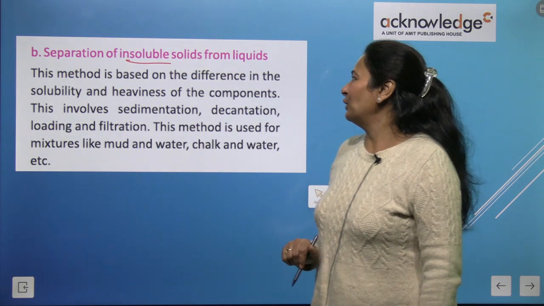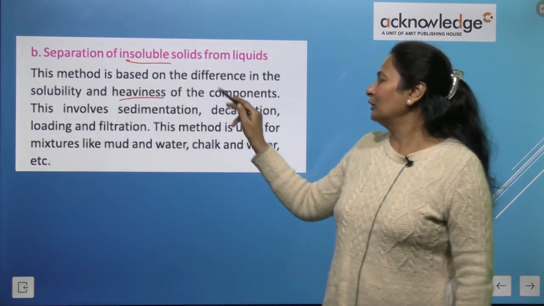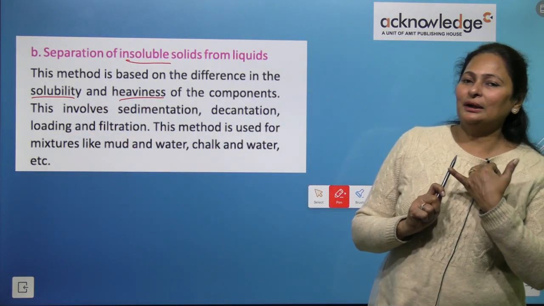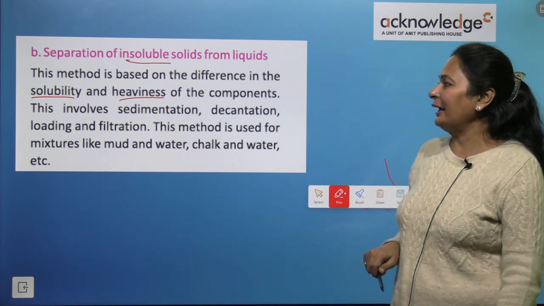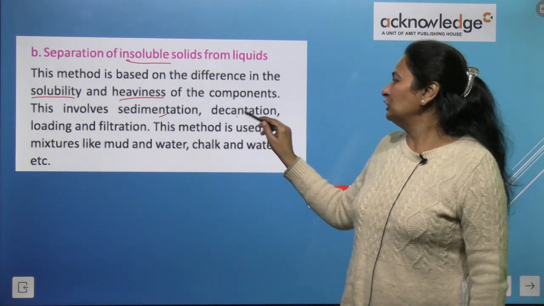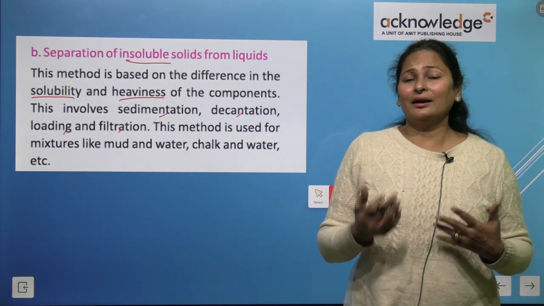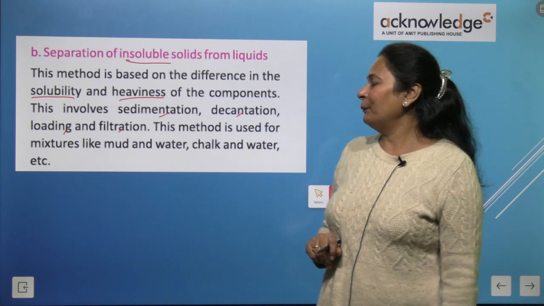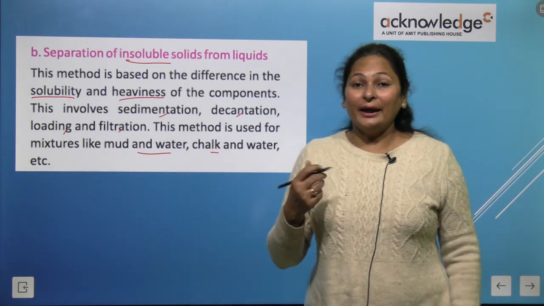The method is based on the difference in solubility and the heaviness of the compounds. Two things work here: first is solubility and second is the heaviness of the substance, right? It includes sedimentation, decantation, loading and filtration. Again, four methods, right? This method is used for mixtures like mud and water, chalk and water, etc.